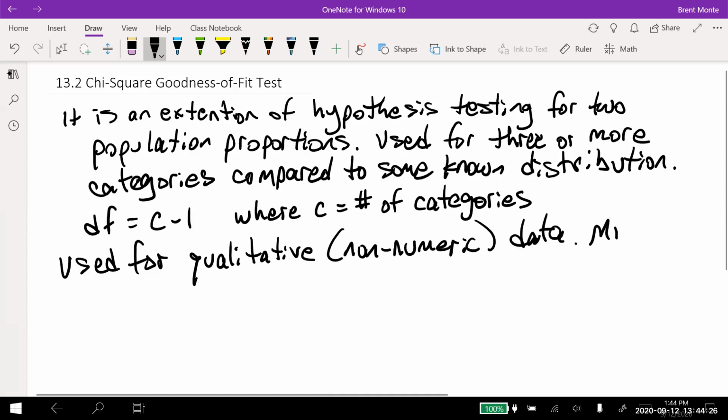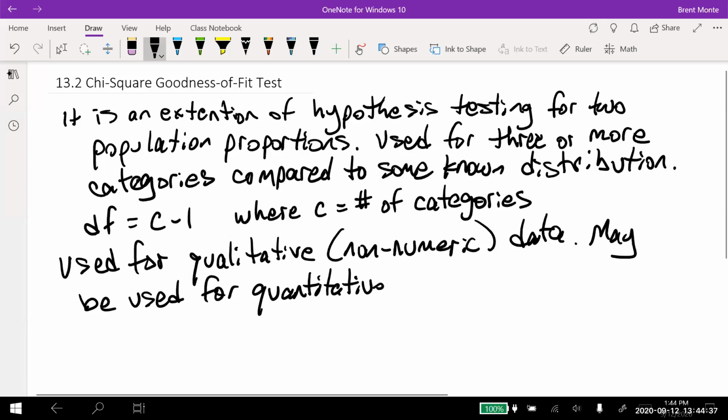They do tell us in the book that it may be used for quantitative discrete, but it's more often used for qualitative. Sometimes they call it categorical. It's the non-numeric data. So that's what we're going to be using this for.